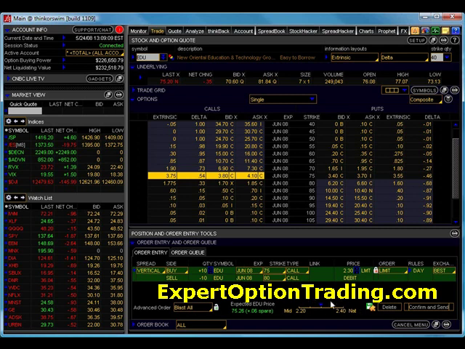It's a $100 savings if you can get it cheaper. Even on a 1 lot order, you could save $10, and those dollars do add up. So that's a very basic understanding of spread orders and why we do spread orders.